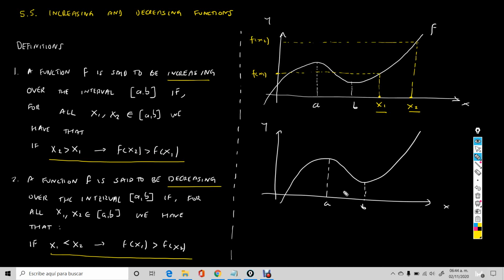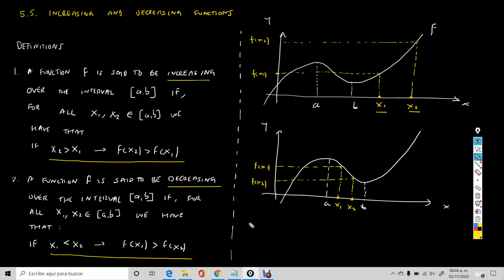but that makes the whole thing different. For example, if I choose two numbers here and I label them x1 and x2, and then I locate the values of the function, this is f of x1, this is x2, therefore this is f of x2.